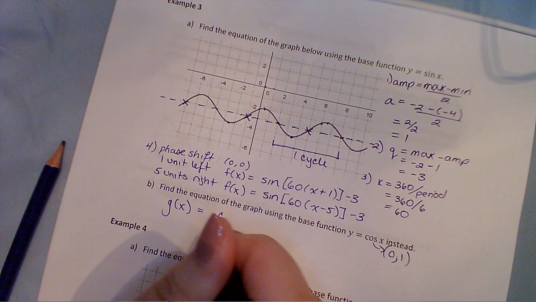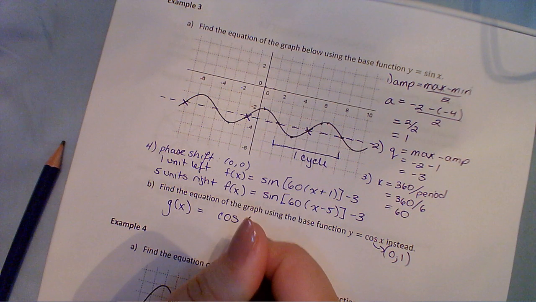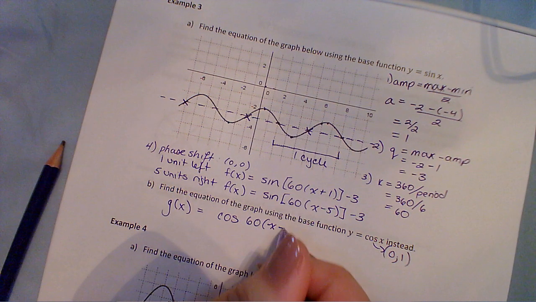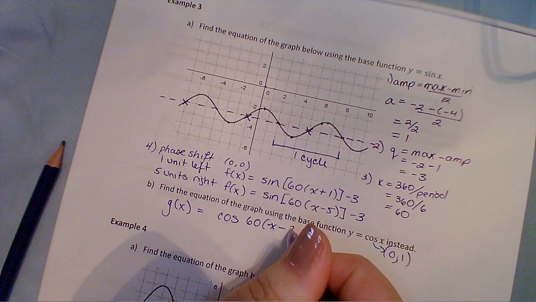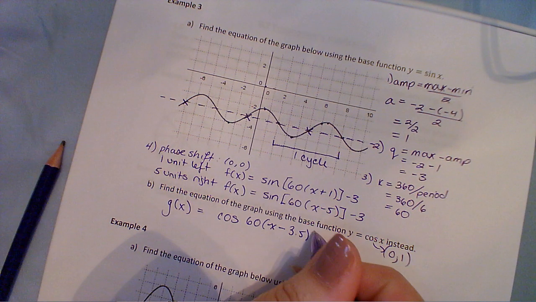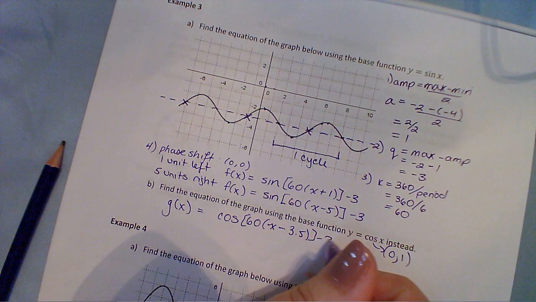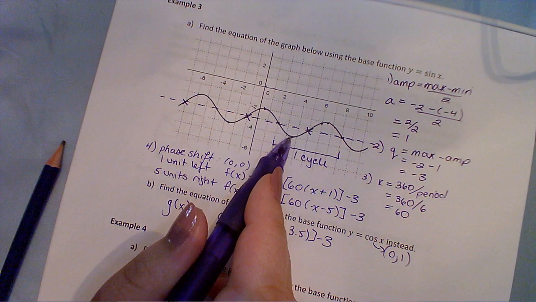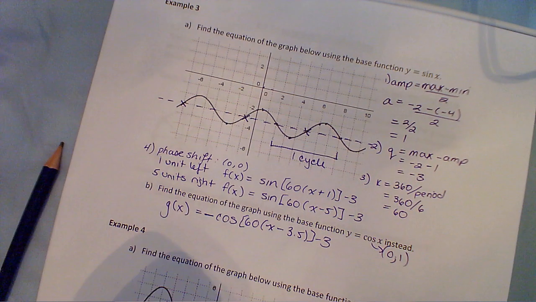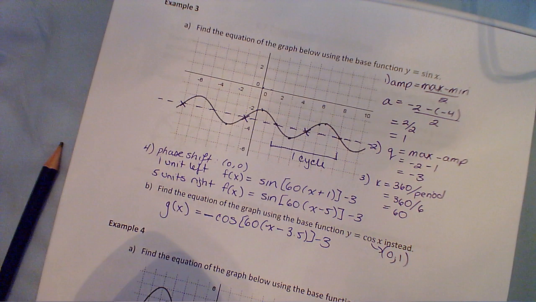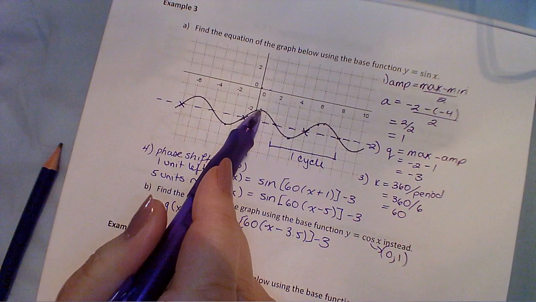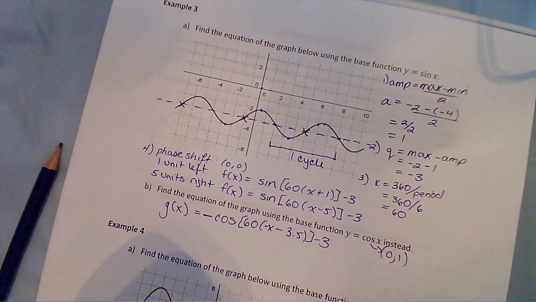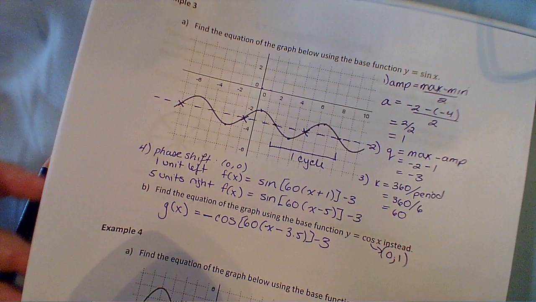So cos this time, 60 to the right, 3.5. And then put a -3 at the back. But because I picked the bottom instead of the peak, you got to reflect that one if you pick that same phase shift. So I picked this guy. If you picked positive 0.5, you wouldn't put a negative there because it's the peak where cos normally is.